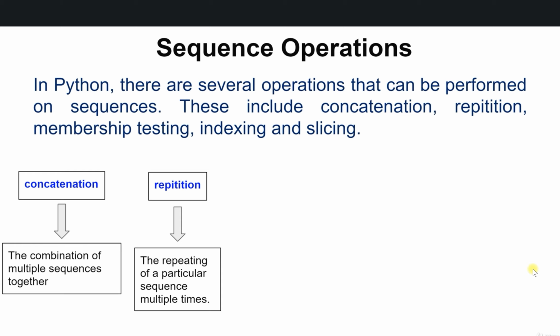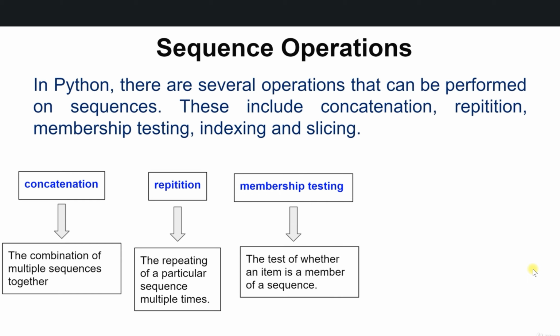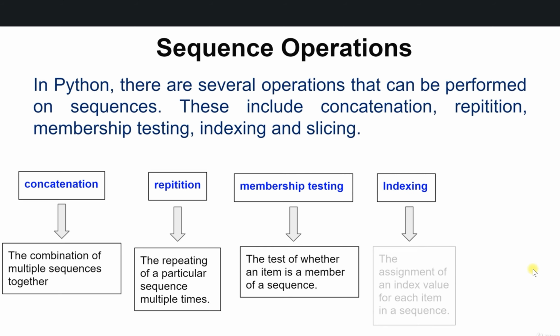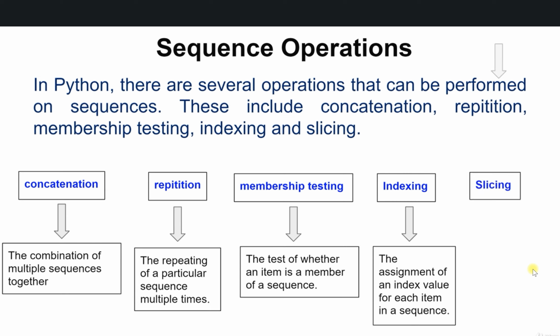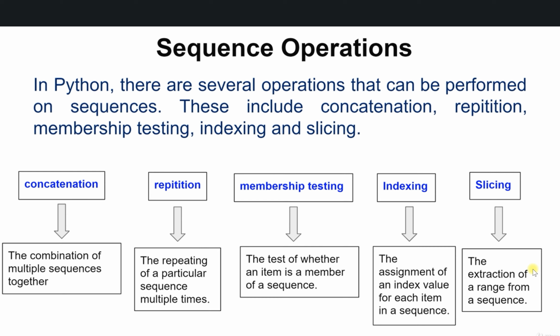This is the repeating of a particular sequence multiple times. Membership testing. This is the test of whether an item is a member of a sequence. Indexing. This is the assignment of an index value for each item in a sequence. Slicing. This is the extraction of a range from a sequence.